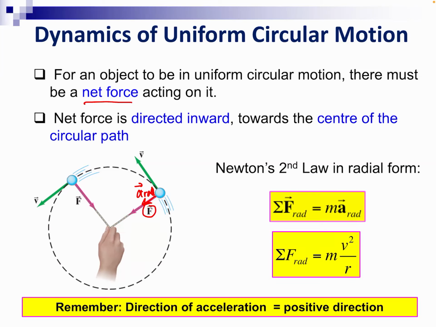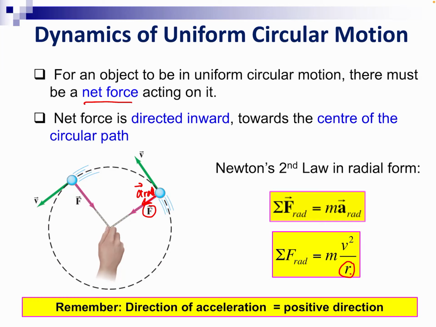So in terms of circular motion, Newton's second law of motion can be modified by using the expression for the radial acceleration, because we can easily measure the radius of the circular path, and the tangential speed can also be easily measured.